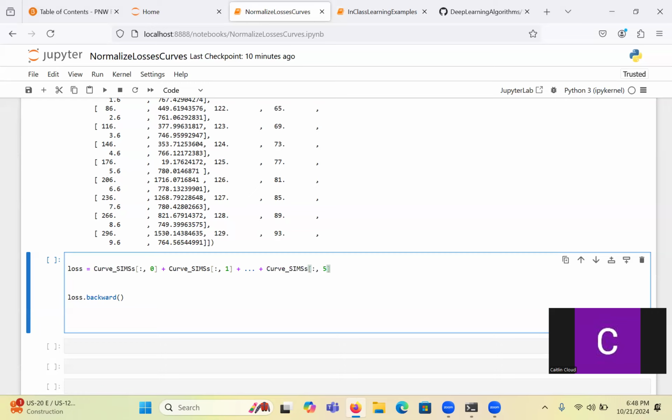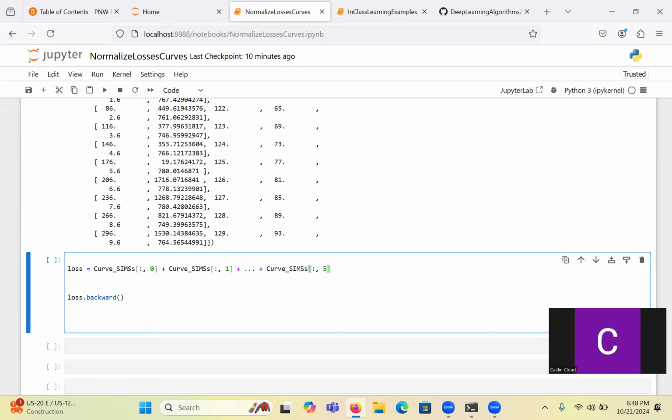Do you guys see that? There are several questions here that you have to ask yourself. First of all, we have 10 by 6, not 1 by 6. So what do we do there? Do you see what I'm saying?